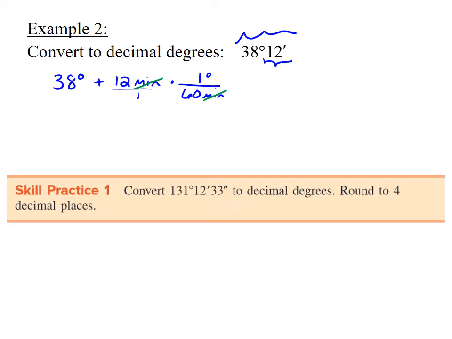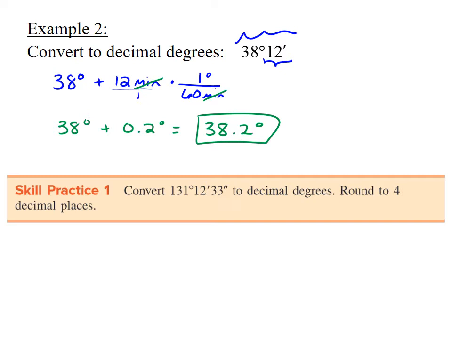And then I end up with 12 degrees over 60. So this gives me 38 degrees plus 12 divided by 60 is 1/5 or 0.2 degrees. When I add these together, I get 38.2 degrees. And some people prefer to just work with degrees rather than degrees and minutes.